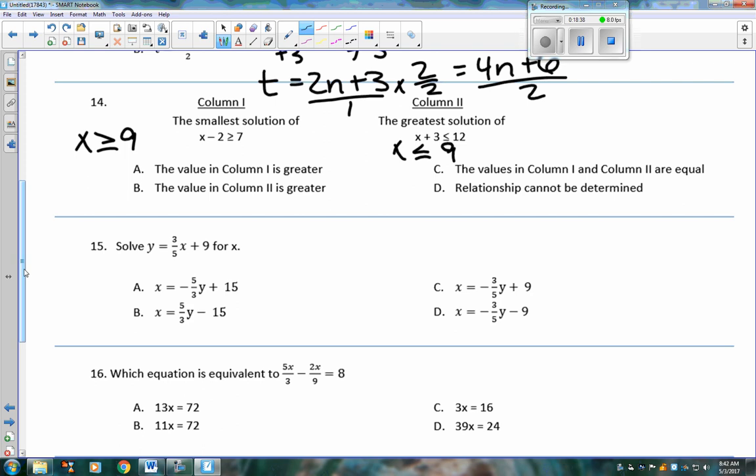The value in column 1 is greater. Is the value in column 1 greater? Is the value in column 2 greater? The answer is C.